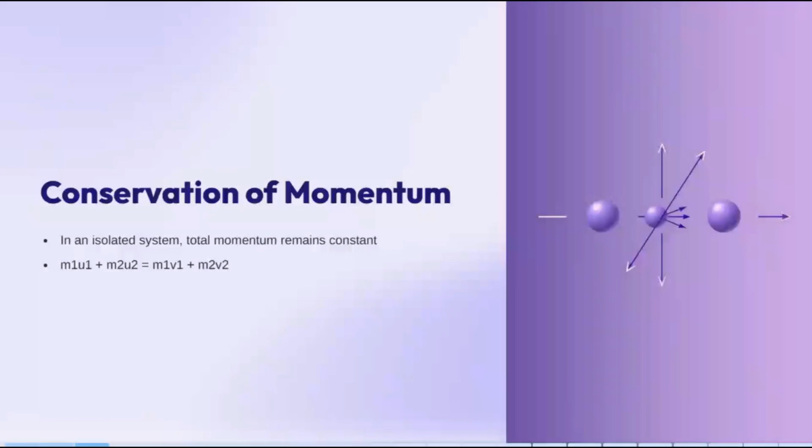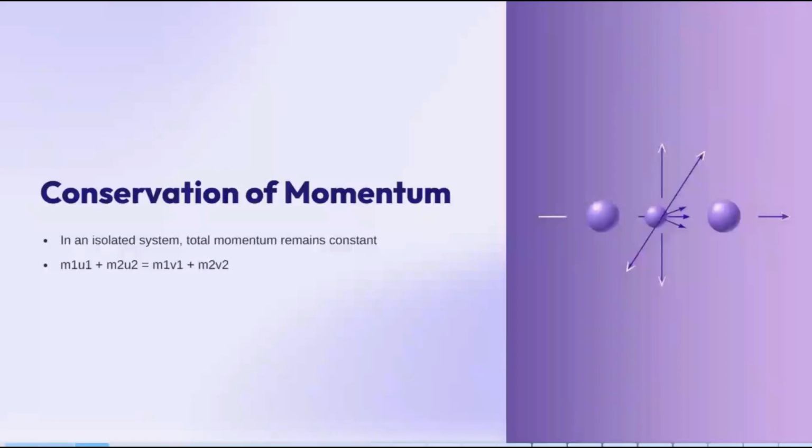Now the formula looks like the same thing on both sides, but look at it: on the left-hand side we have u, the initial velocity. So the initial velocity of the first object times its mass plus the initial velocity of the second object times its mass is equal to the mass of the first object times its final velocity plus the mass of the second object times its final velocity.